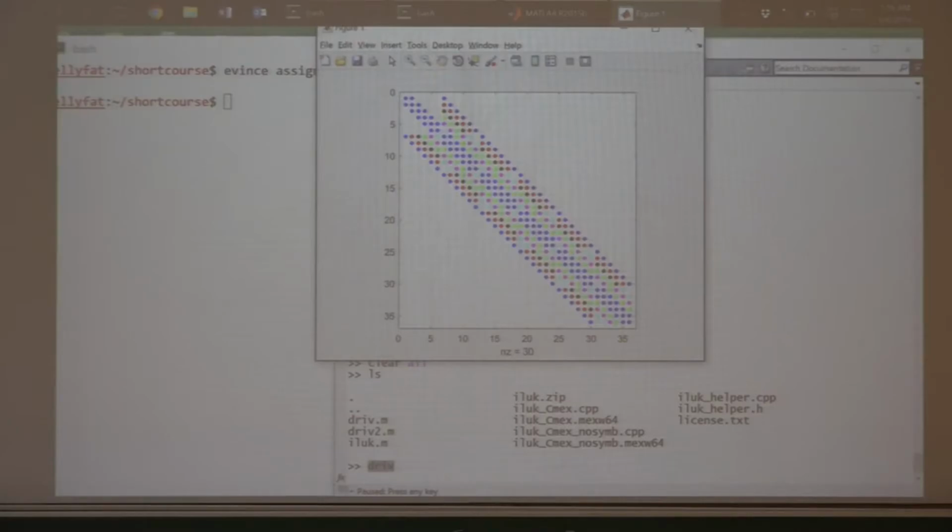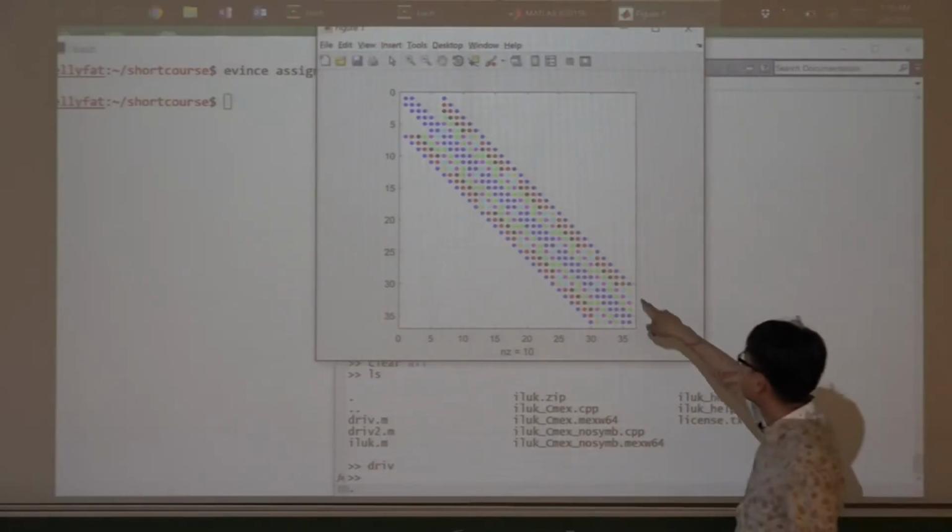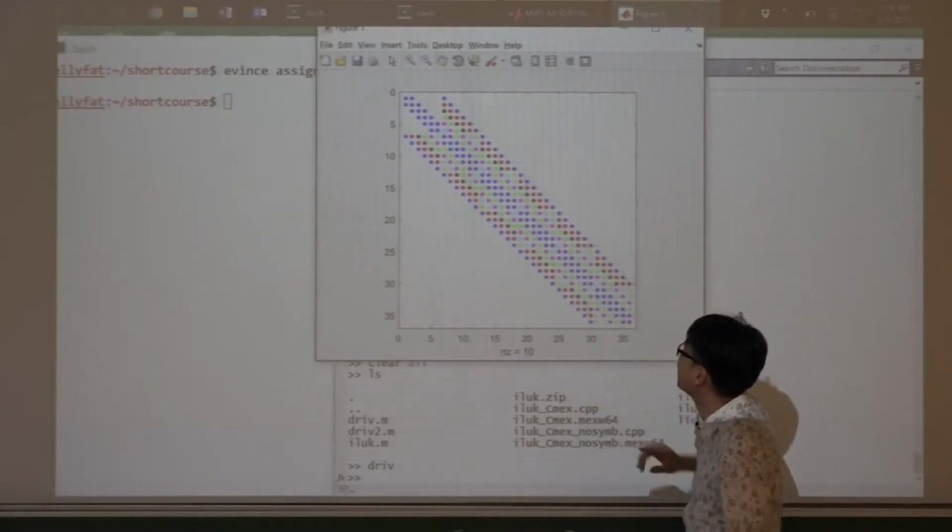Level 5. Which color is that? What happened with level 5? I know the level 6, the last one, is this yellow one over here. So now everything has filled in.